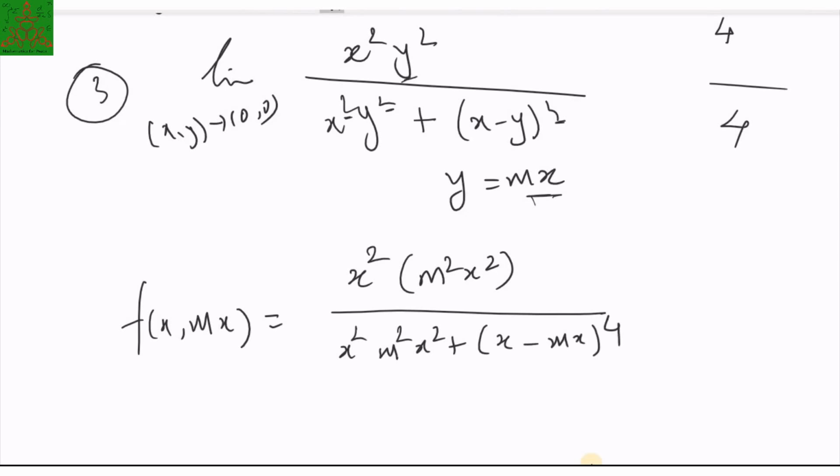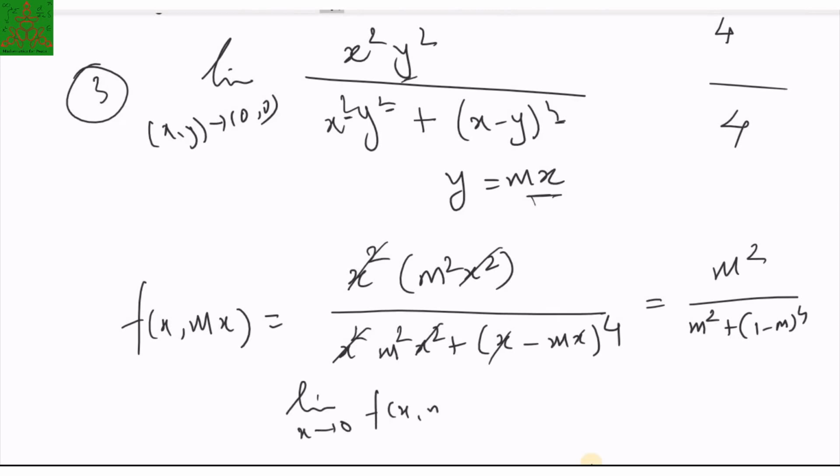Now x power 4 is common. Here x square cancels out, x square cancels out, and x power 4 will cancel with this. So finally what you will have is m square upon m square plus (1 minus m) power 4, which if you take the limit x tends to 0 to this x, mx, will have the answer m square upon m square plus (1 minus m) whole power 4, which depends on m. So we can say that the limit of this function also does not exist.